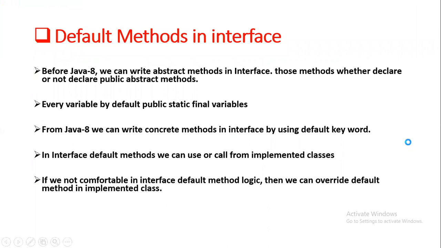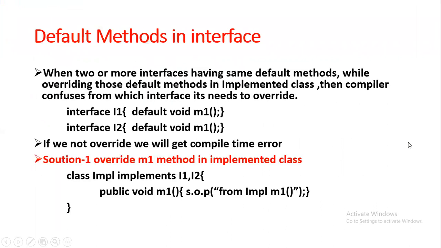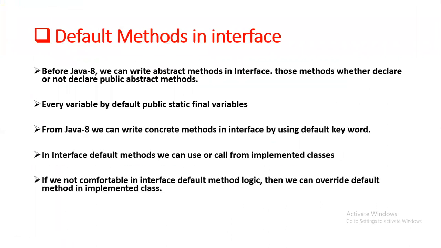So the next point. For example, there are three interfaces, and those three interfaces have the same default methods. Now one implemented class is implementing those three interfaces. In that situation, what will happen? Which default method does it have to override?